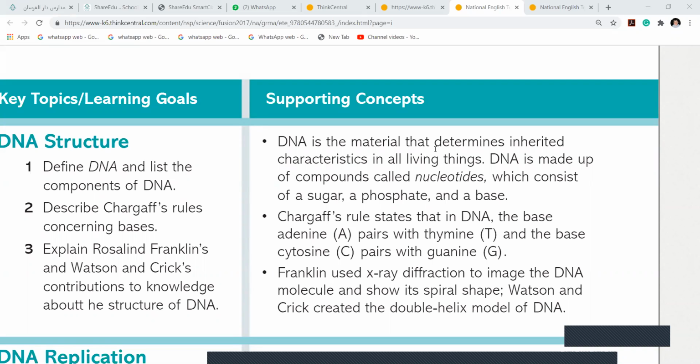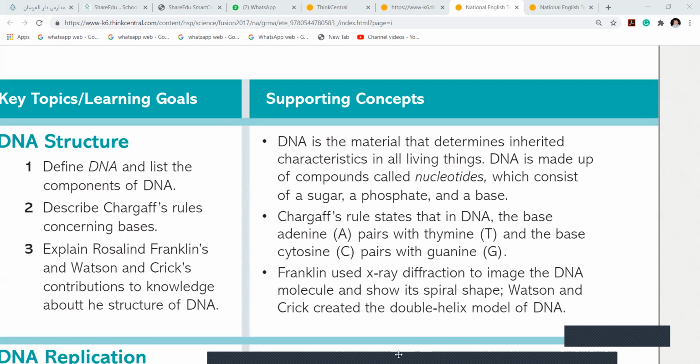It is the material that determines inherited characteristics of all living things. It's made up of compounds called nucleotides. As I told you, deoxyribose nucleic acid has inside it compounds called nucleotides, and these nucleotides are made up of sugar, phosphate, and a base. Girls, very important again. I can make a summary here.